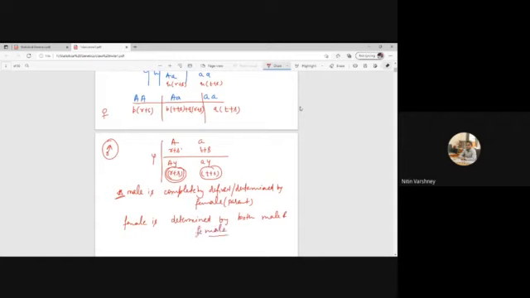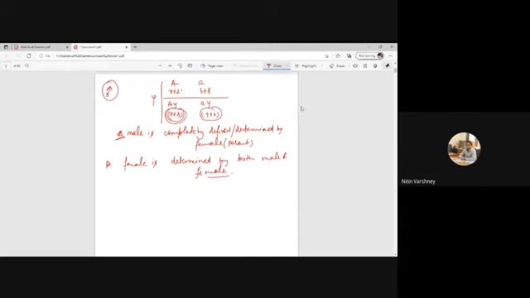So these are two important statements: that male is completely determined by the female, and female is determined by both male and female, or we can say the average of the both.